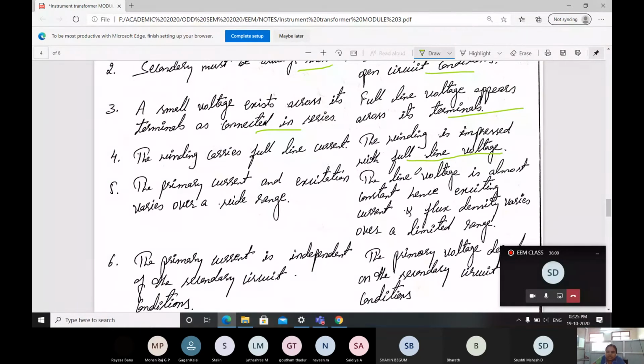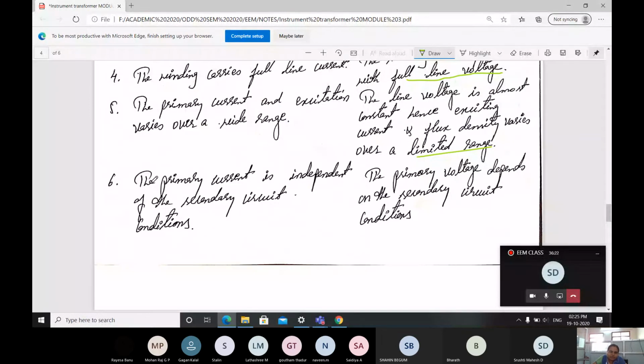It's always varying. In the potential transformer, the line voltage is almost constant. Hence, exciting current and flux density vary over a limited range. Variation of current and flux density is less in the potential transformer compared to the current transformer.